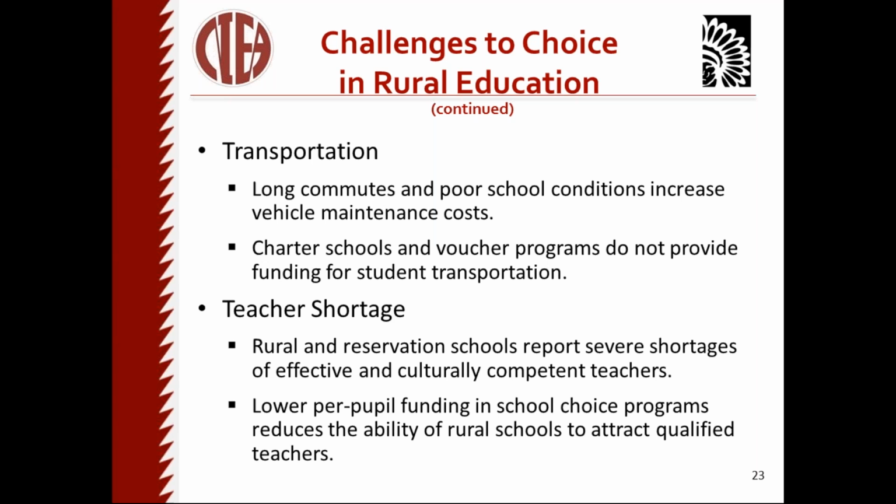What's really good about this report is that it's not just isolating education. We tend to look at some of our issues in silos, and what we're encouraging the administration and Congress to do is look at our programs across the government and see how things like transportation are impacting attendance, or how issues like housing are impacting the ability to attract teachers. So that's something that we will continue to work on.